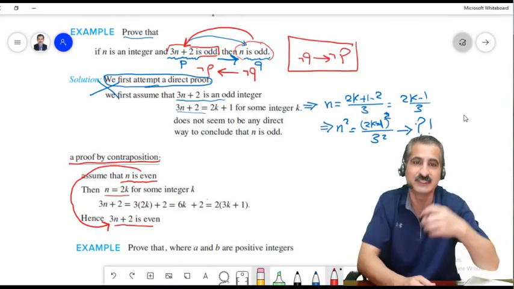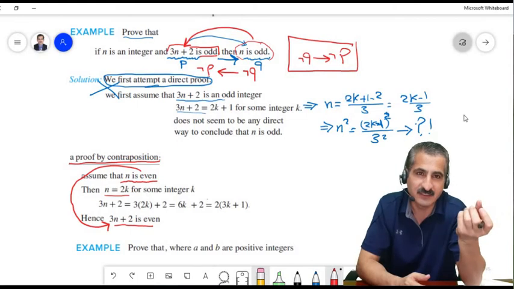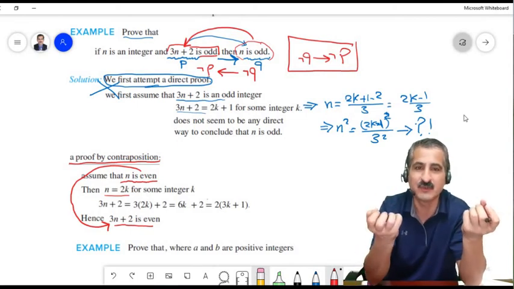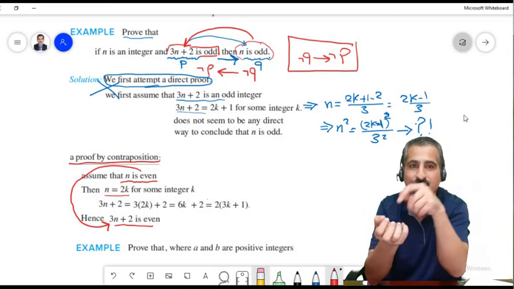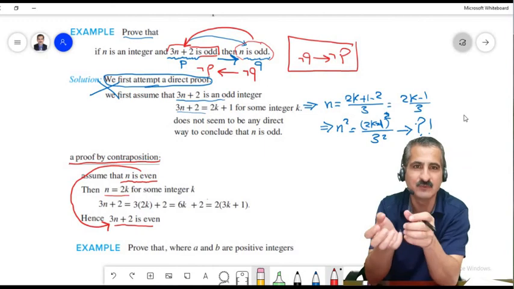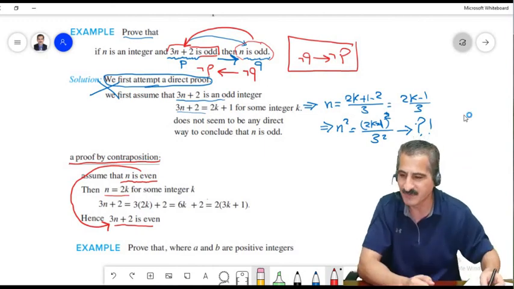So we negated the conclusion and negated the hypothesis, but we are going from the negation of the conclusion to the negation of the hypothesis. And if we can prove that, then we prove the original statement. So not Q is n is even, which means n equals 2k for some k.